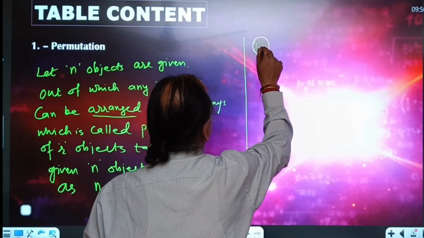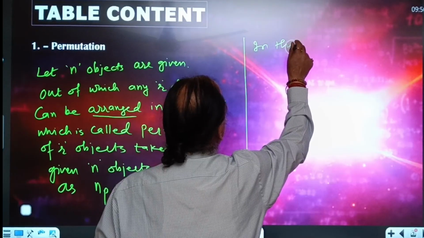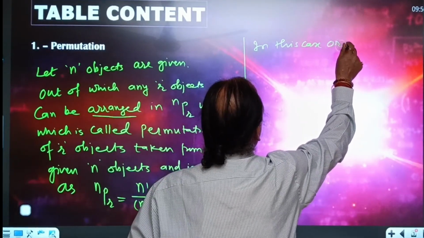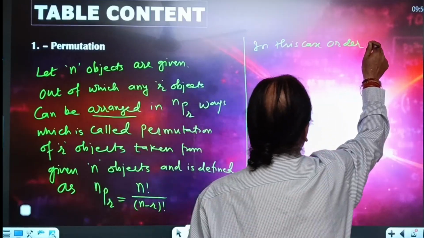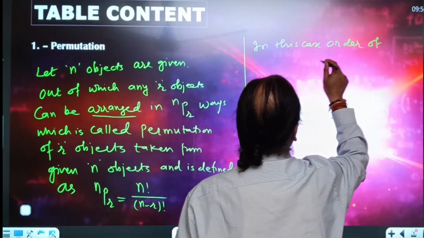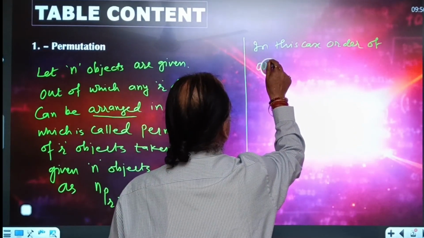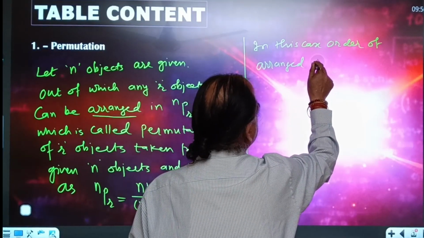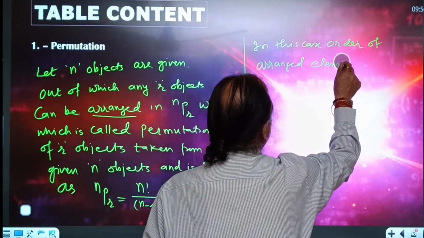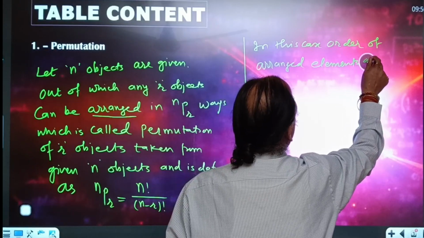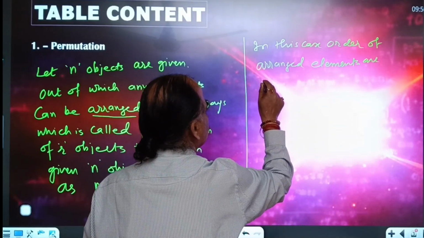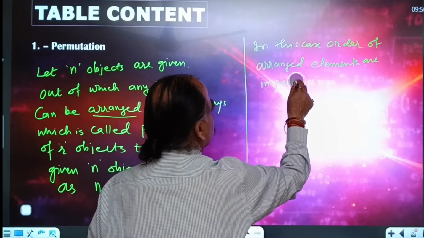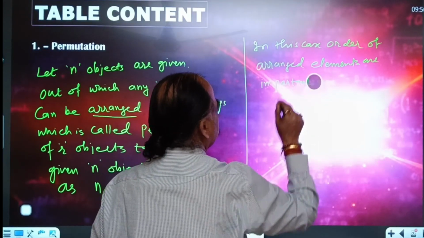In this case, the order of arranged elements is important.